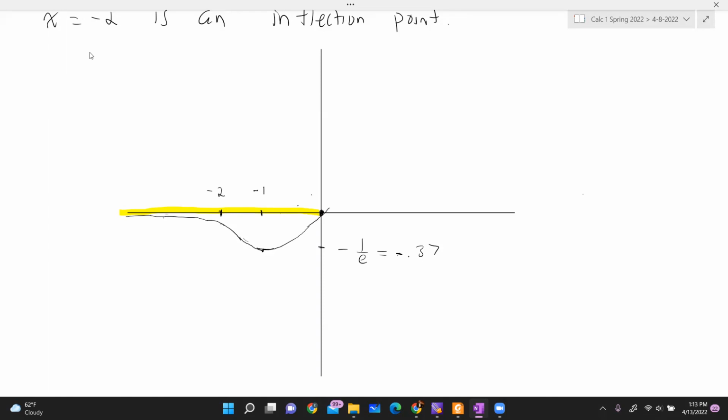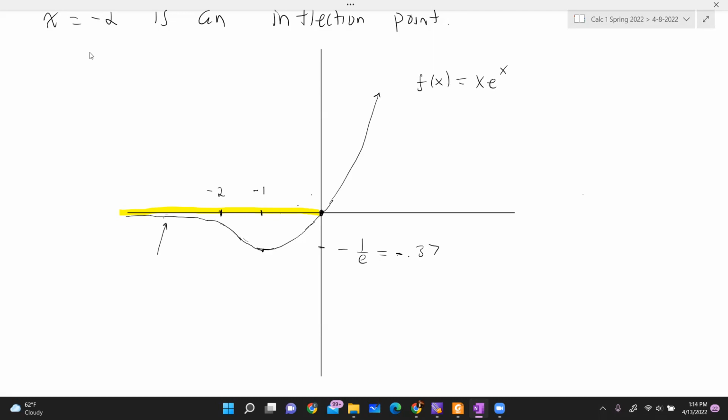And we're still concave up. Or sorry, this is concave up, and then it goes up like this, not like that. Something like that. So that's my best attempt at plotting this function based on this information.